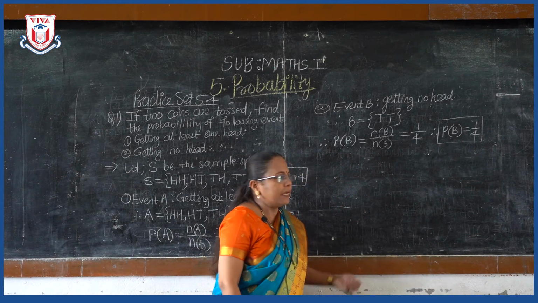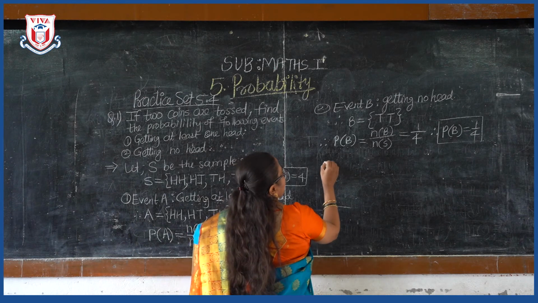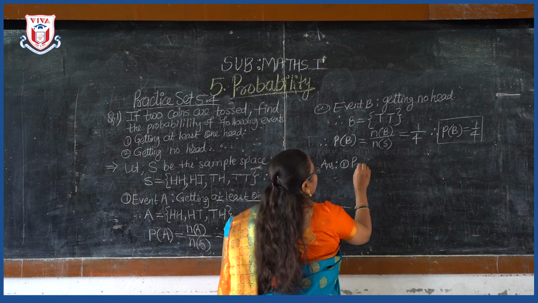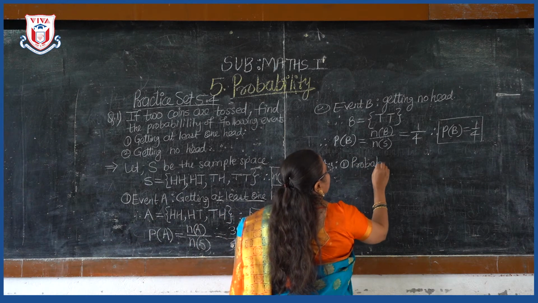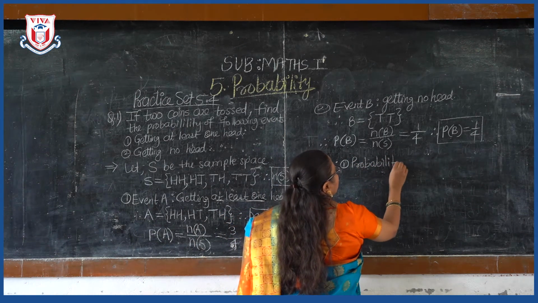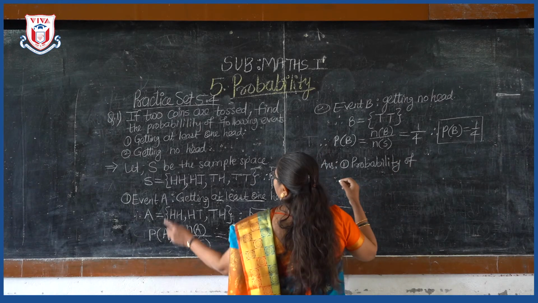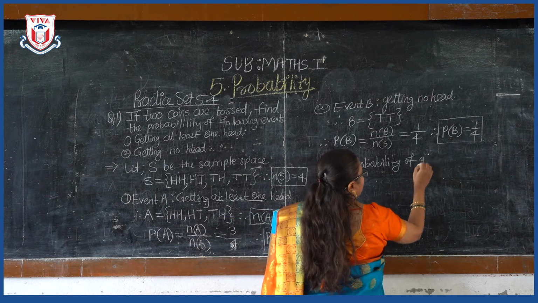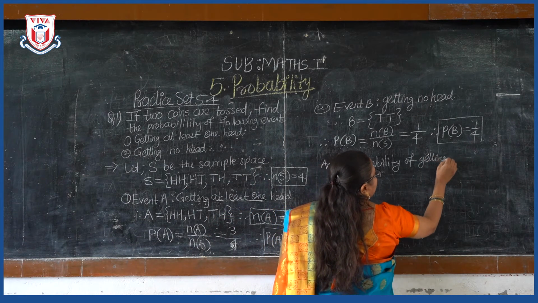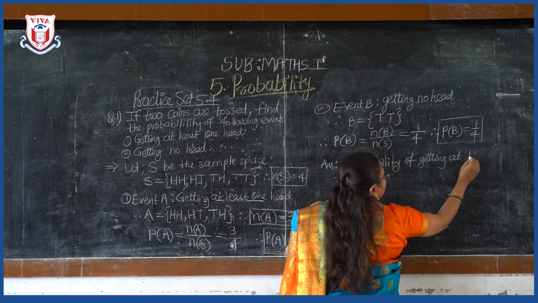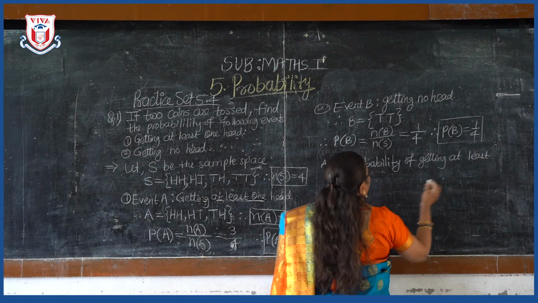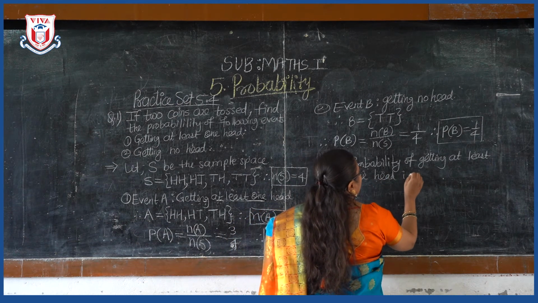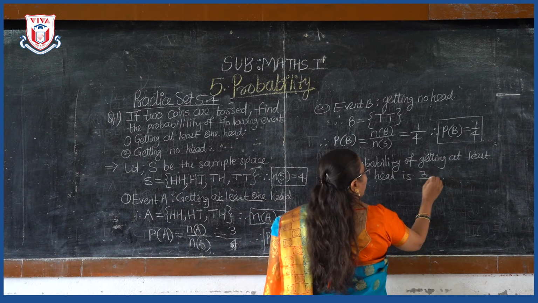After finding the probability, write the answer. First answer: probability of getting at least one head is 3 upon 4.